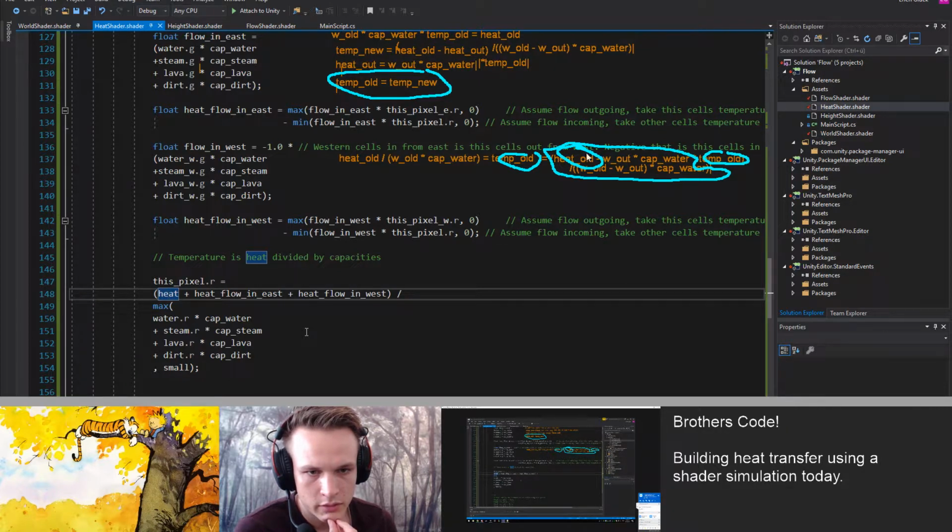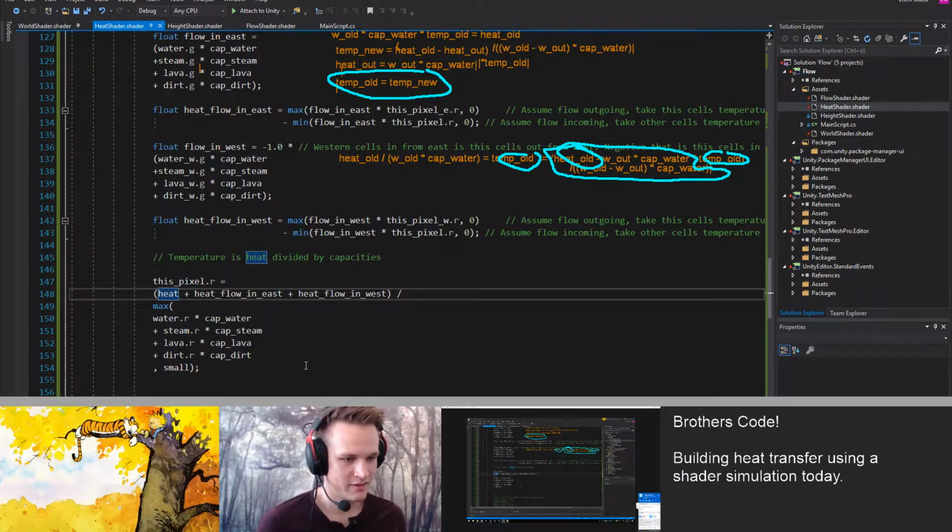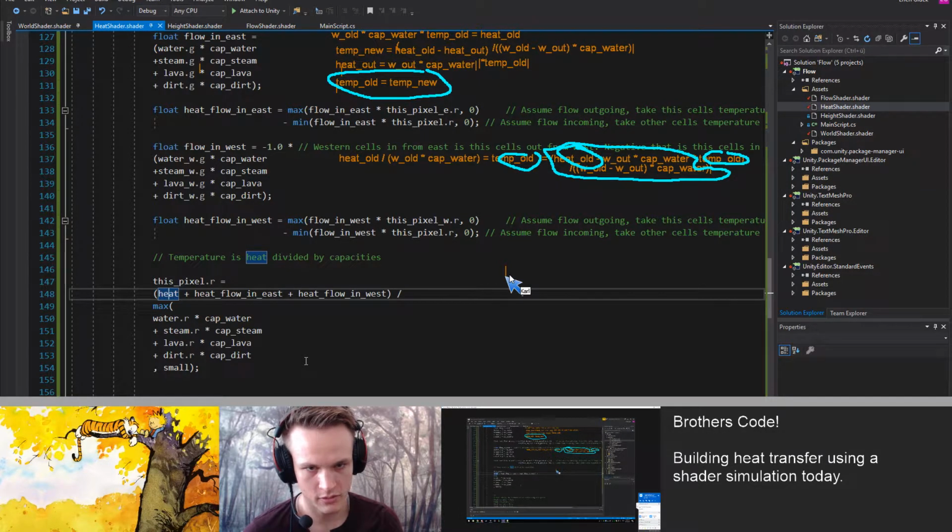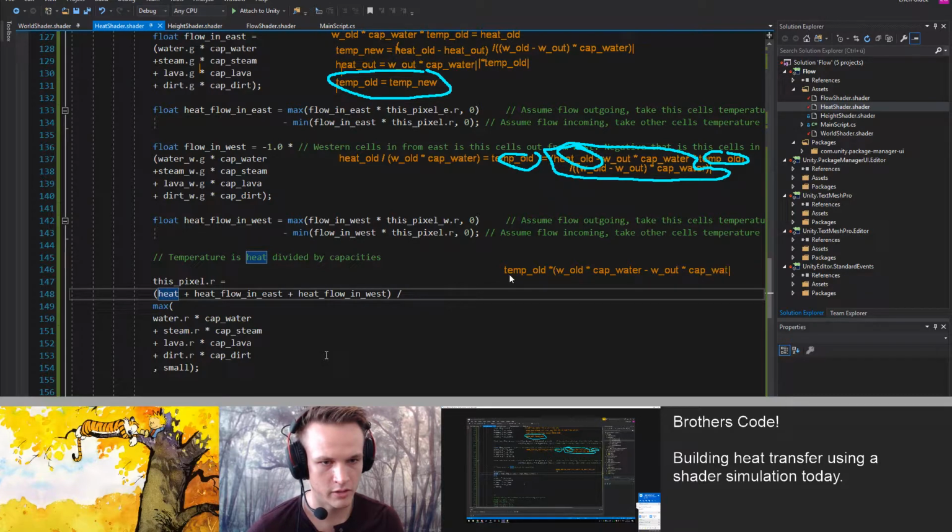Heat old goes here, which is water old cap water temp old. So you can factor temp old out of that equation and say temp old times water old times cap water minus water out times cap water over water old.